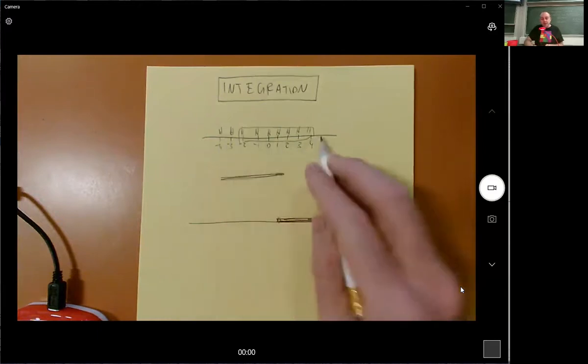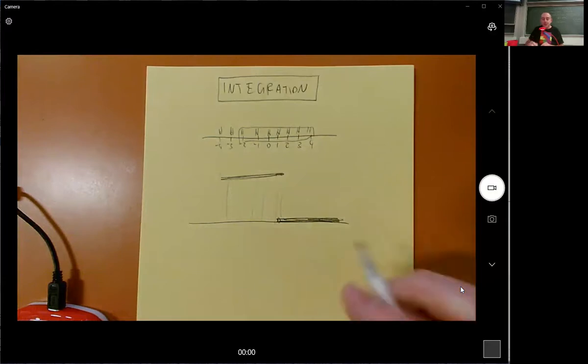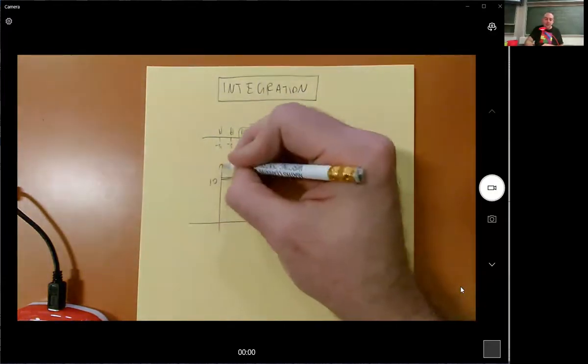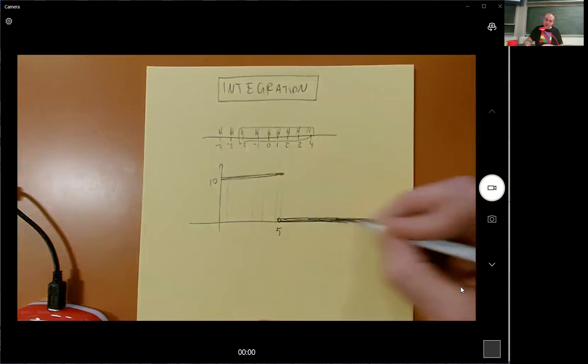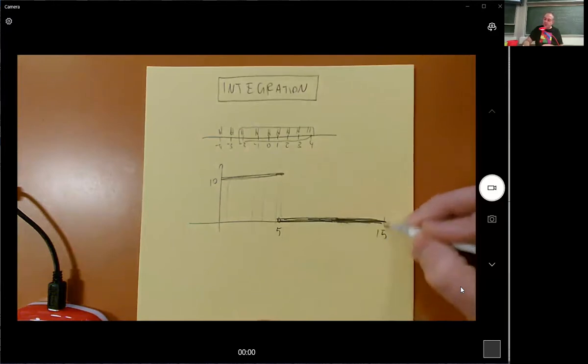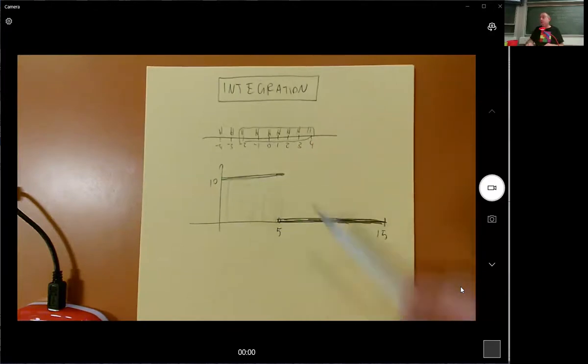The number that's attached to everything, you normally draw it as a height in a graph. Classic, right? So if you've got something that's 10 for a bit, from 0 to 5, and then it's 0 from 5 to 15, the average height should be closer to 0 than to 10, because it spends more time being 0. That's the basic idea.